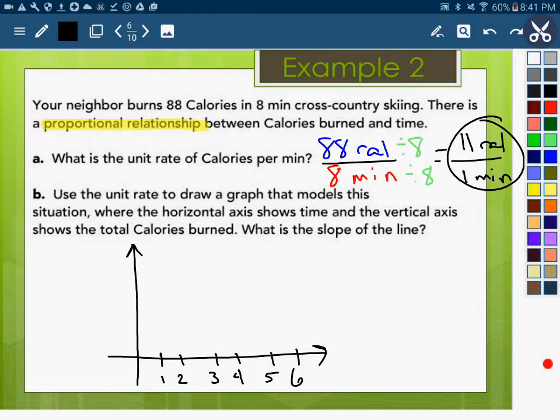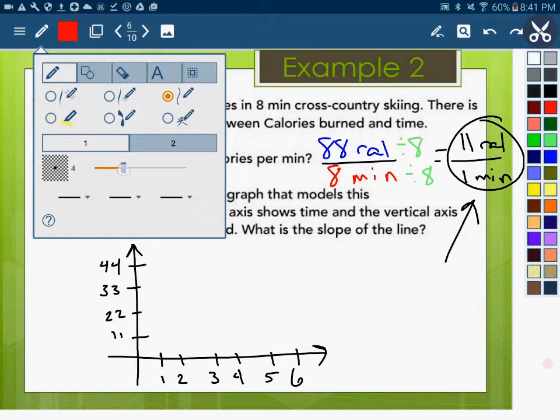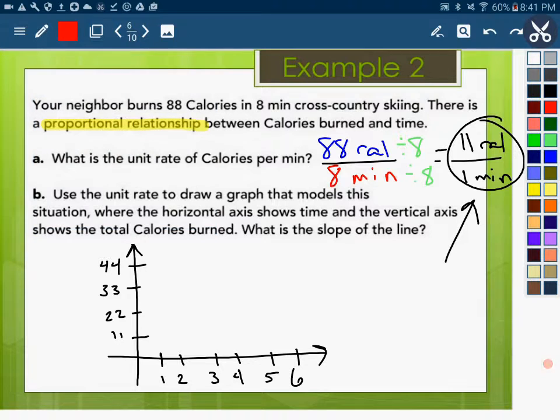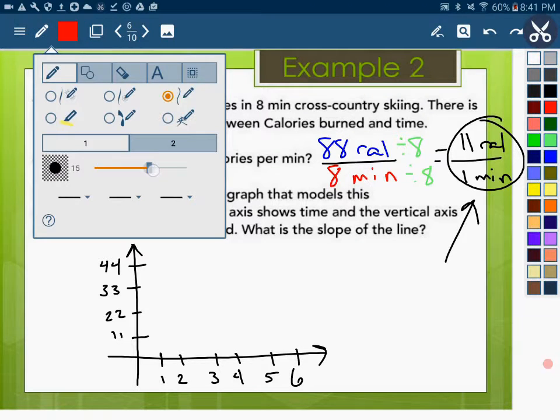And then I'm going to scale my y's by 11s because I know that my unit rate is 11 calories every 1 minute. So it'd be easy to scale these by 11 and show that proportional relationship. So this would be 11, 22, 33, 44. Now I just plot a few points. I'm going to plot my unit rate.